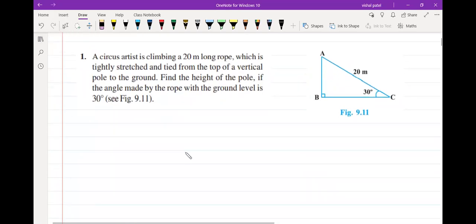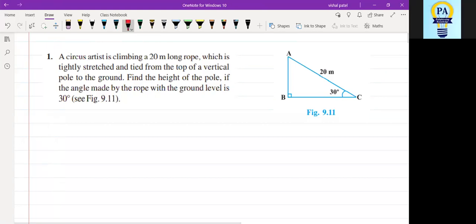Now in a few sums they have given the diagram. For the first sum they have given the diagram, but expect that most of the sums will not come with the diagram. Students, first read the sum. You have to visualize the question in the form of a right angle triangle.